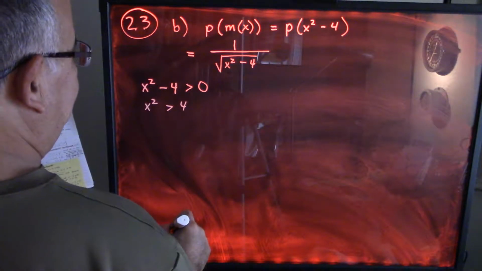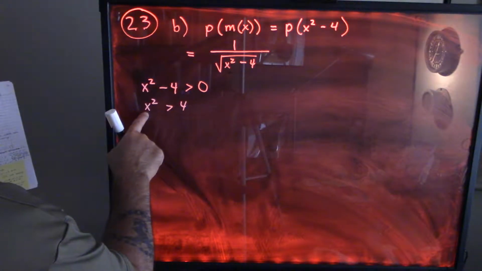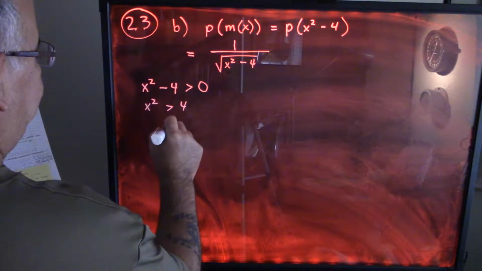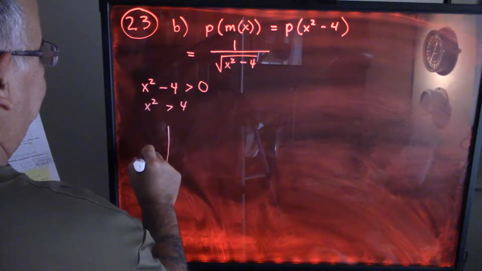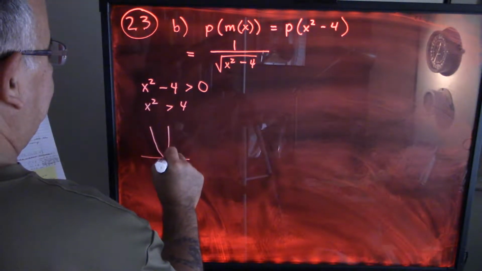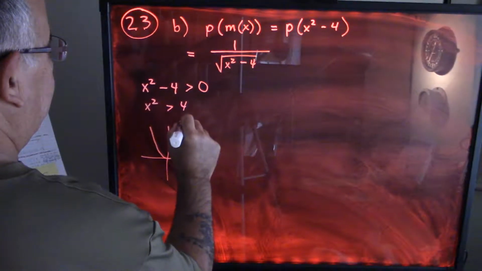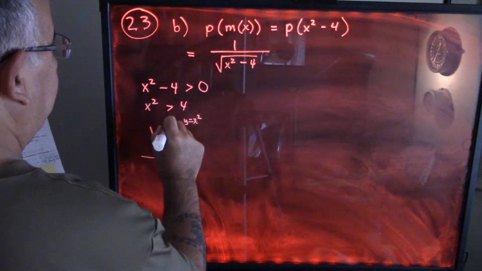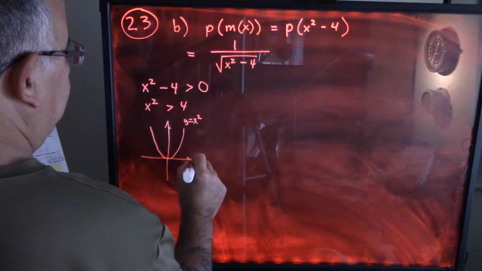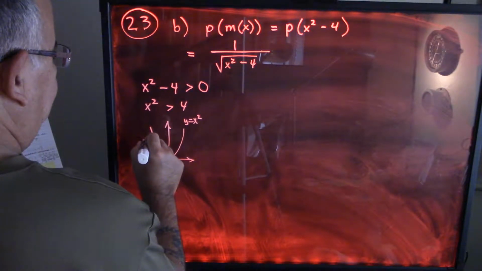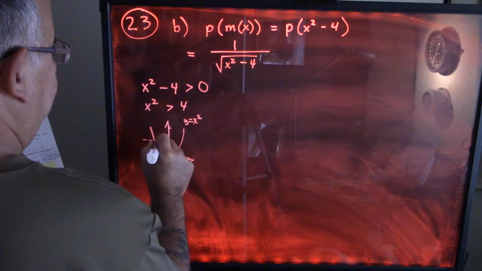Now, what does that look like graphically? Think of that as y equals x squared and y equals 4. All right. So let me draw a little graph here. Draw my sloppy parabola. Y equals x squared. And then let's pretend that this is 4 right here, y equals 4.